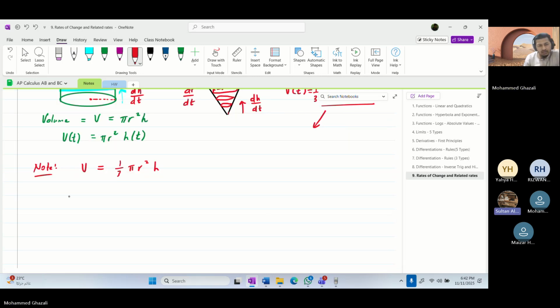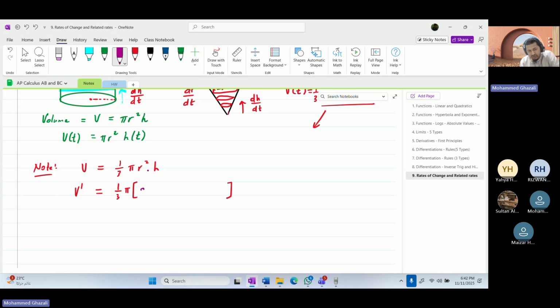Okay, I see. So now if I'm trying to find the derivative here, I'm going to say dV/dt, or you say V prime. V prime is equal to 1 over 3 pi, we'll just leave that out, it's just a constant. Find the derivative of this. The derivative is a product rule.